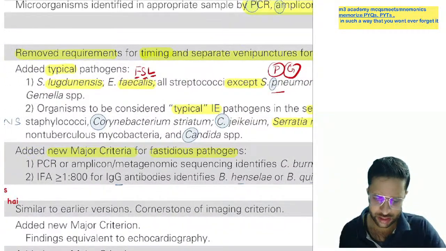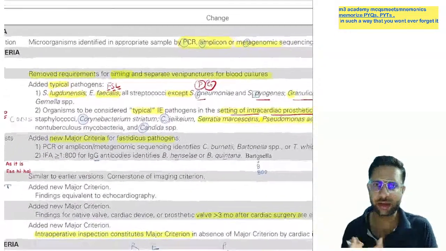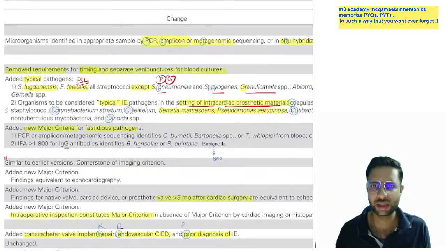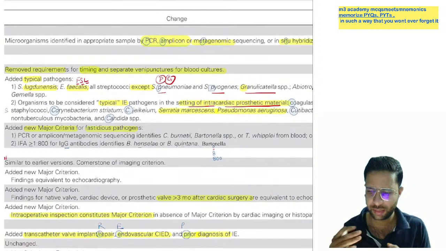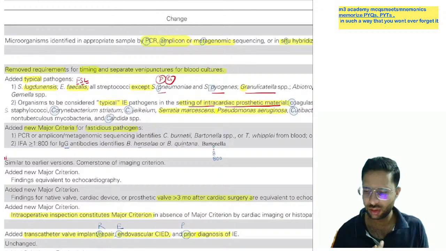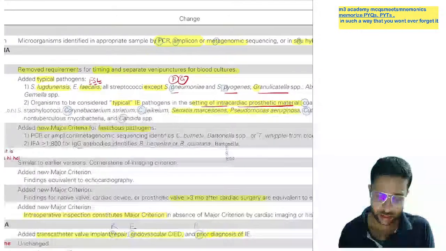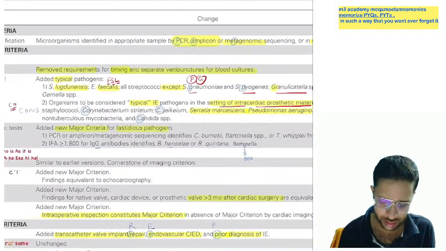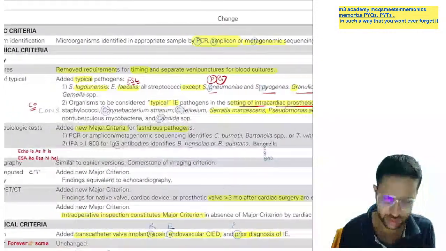So generally we add typical organisms as FSL. We already discussed FSL: faecalis, streptococcus, and lugdunensis, and streptococcus excludes the P organisms. Which were the P ones? Pyogenes, pneumococcus, and Granulicatella species. But in case of intracardiac prosthetic material, we start including typical organisms that all start with CO. So this is the trick.